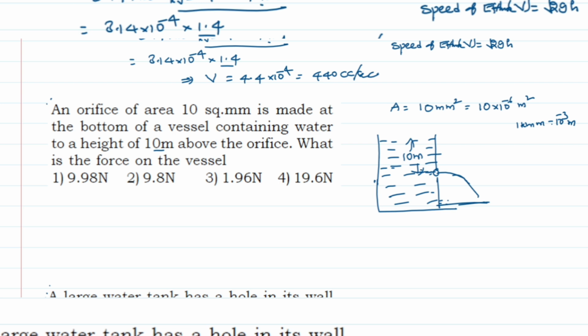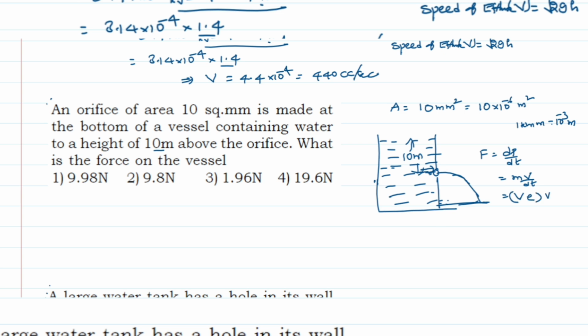So the force exerted by this liquid is F equals dP by dt. The momentum of the fluid leaving the orifice per second is mass into velocity by time, m into v by dt. Mass is volume into density.